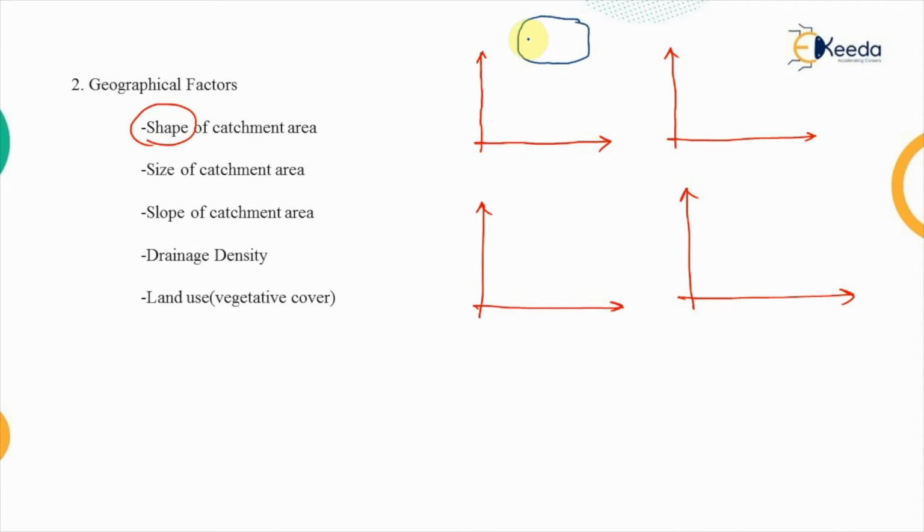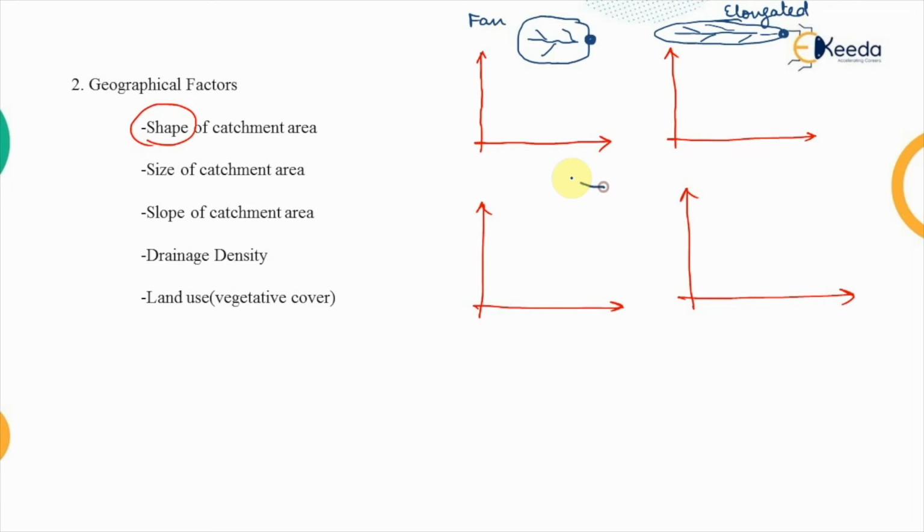So this first shape is known as the fan-shaped catchment area. The next one is the elongated shaped catchment area. All of these have the outlet point in the same direction. This is the elongated one.